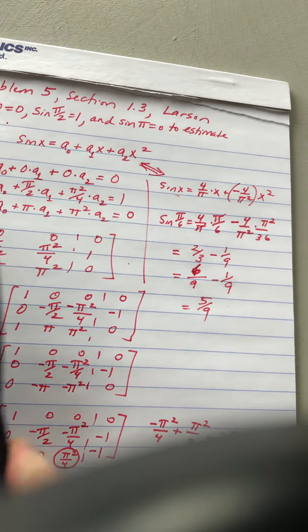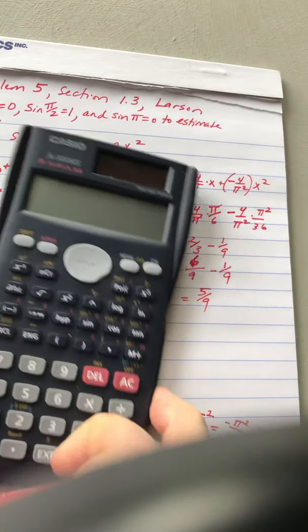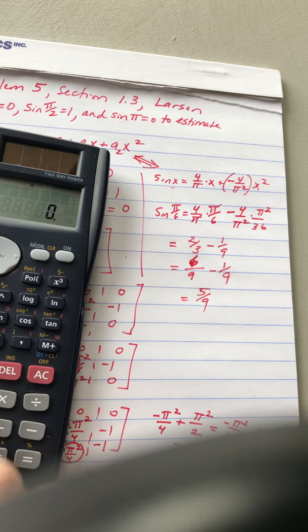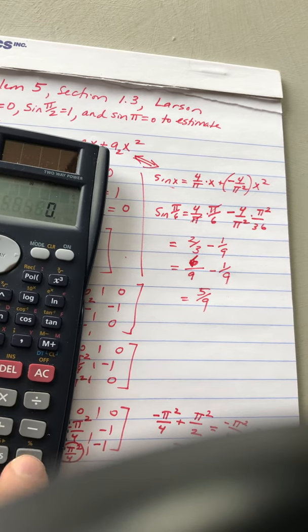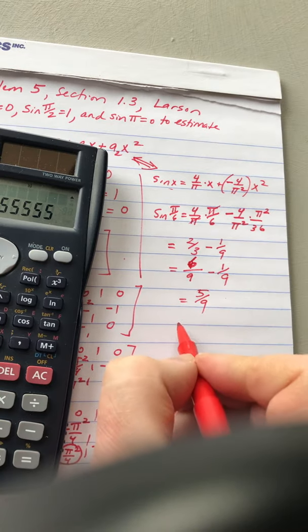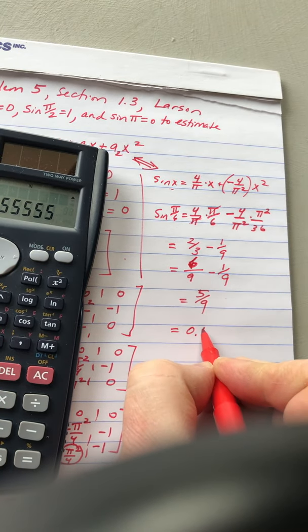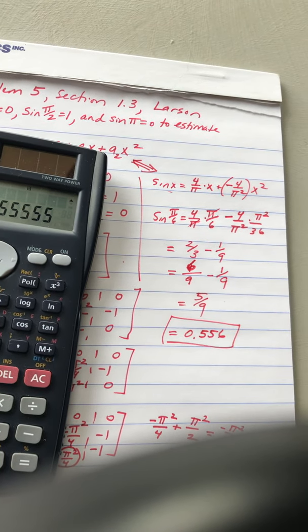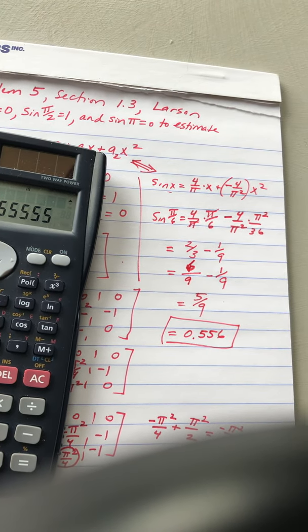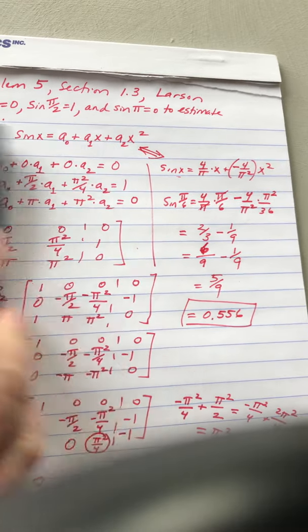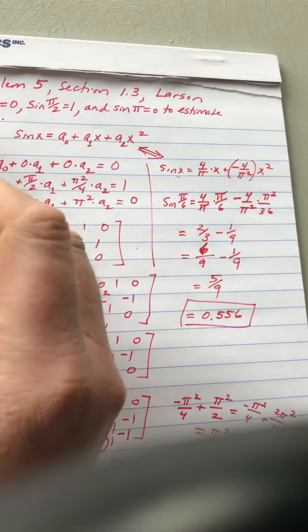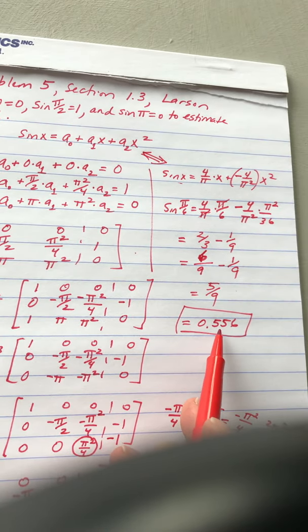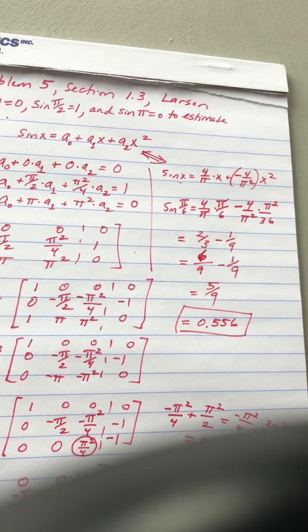Now in the homework on WebAssign, they wanted you to put in a decimal, and round it to 3 decimal places. So 5/9 is almost equal to 0.556. You might have been asked different points, because I think that was part of the assignment that could change. But if you were asked to estimate the sine of pi over 6, then sure enough you would get 0.556 rounded to 3 decimal places.